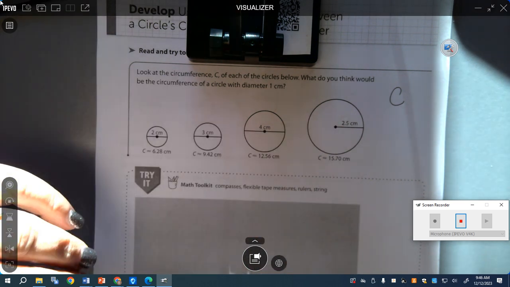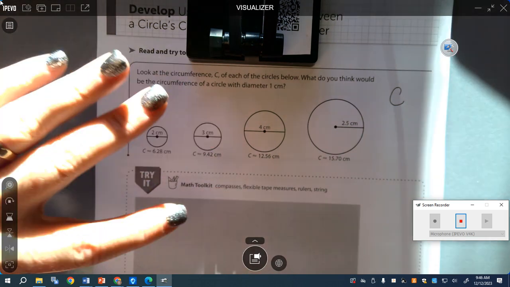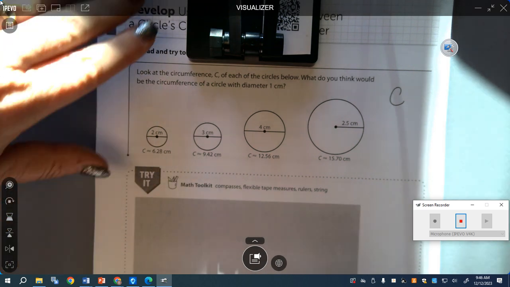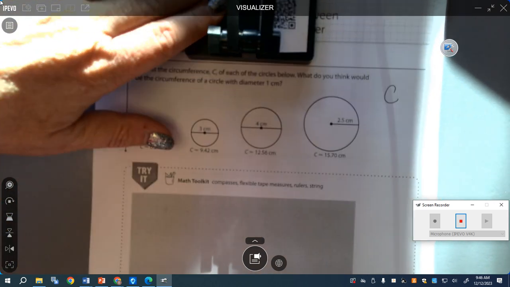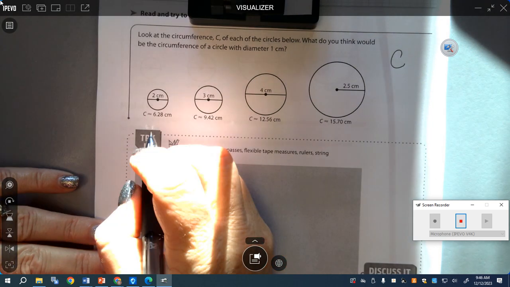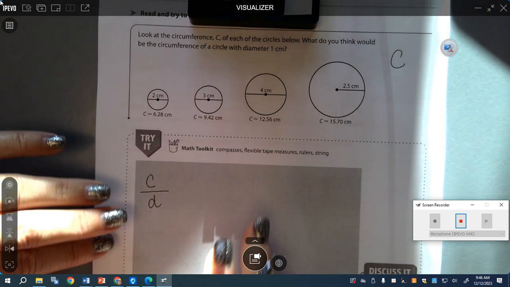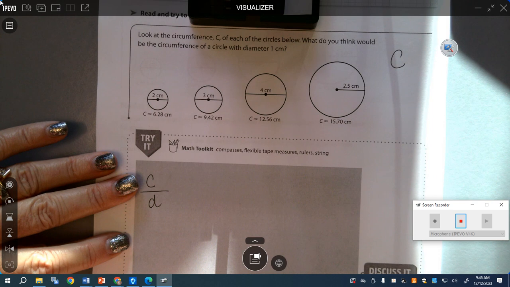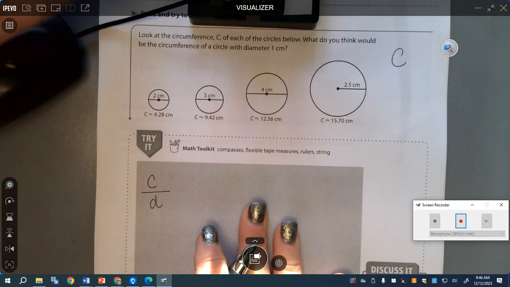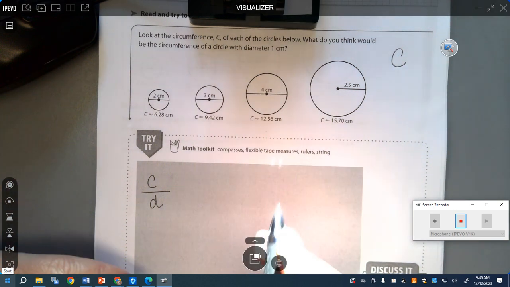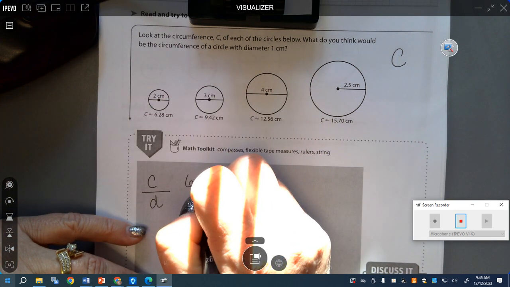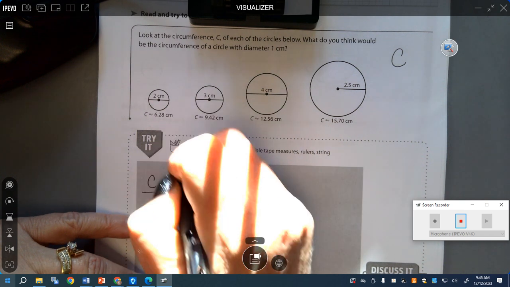So what I'm going to do is write each of these as ratios. On your paper, write this down with me, please. The first ratio I have, I'm going to do circumference to diameter. Can you guys see that, or is it too dark? There, is that better? Okay, the first circle, the circumference is 6.28, and my diameter on that one is 2.